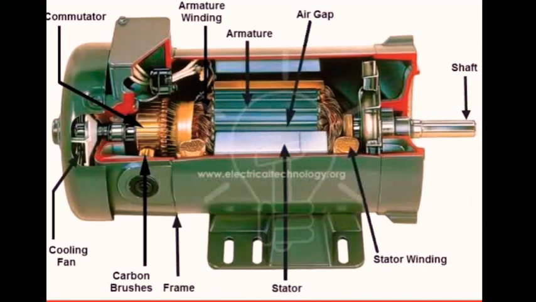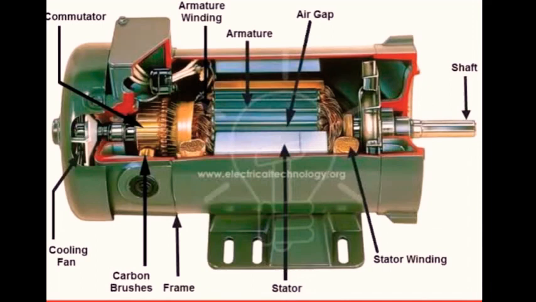First, any machine like a motor and generator has two main parts. First is known as the stator and another is known as the rotor. In this figure we also show the DC machine. On the rotor we place the armature winding, and at this time the rotor is also known as the armature, which is a rotating device in a DC machine.